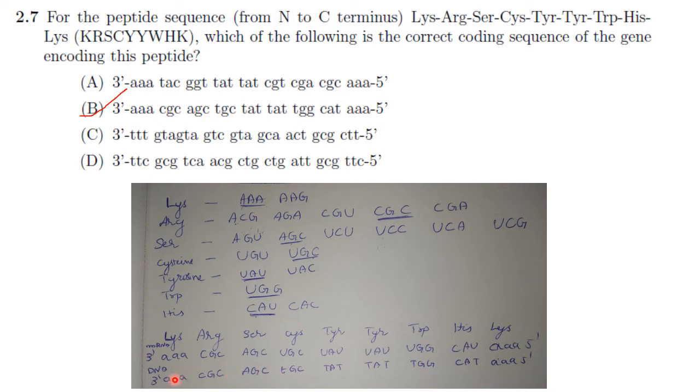So the coding sequence of the DNA strand will have the same sequence as that of the mRNA: AAA, CGC, AGC, and U will be T: TGC, TAT, TAT, TGG, CAT, AAA. Now they have asked in the question from 3' to 5' direction. So option B will be correct.